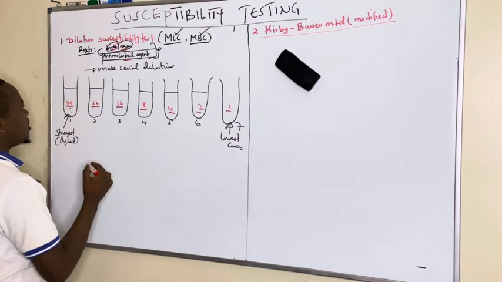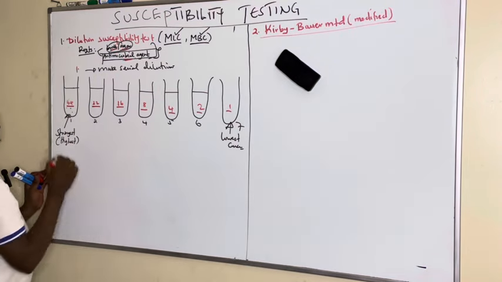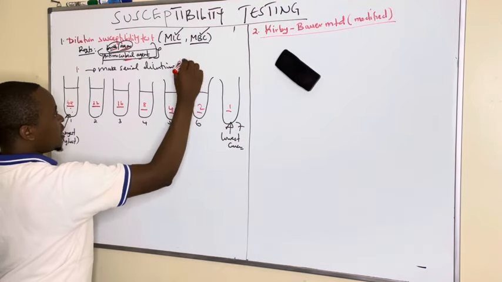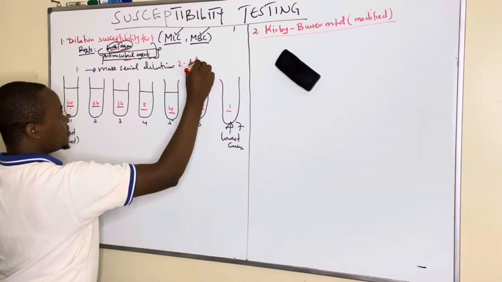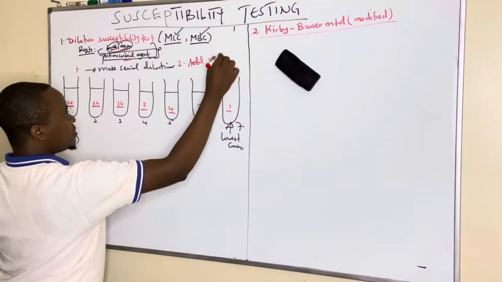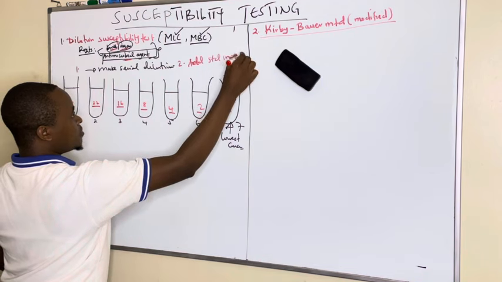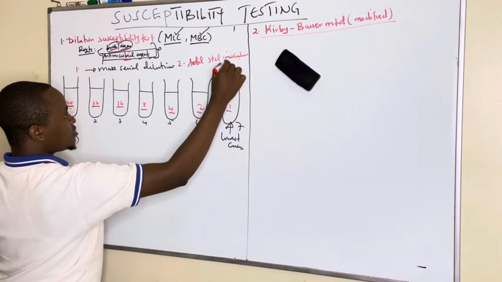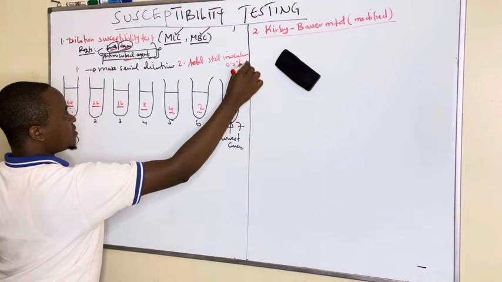After making the serial dilution, which is point number 1, point number 2 is we add the standard inoculum, which has been measured according to the 0.5 McFarland standard.